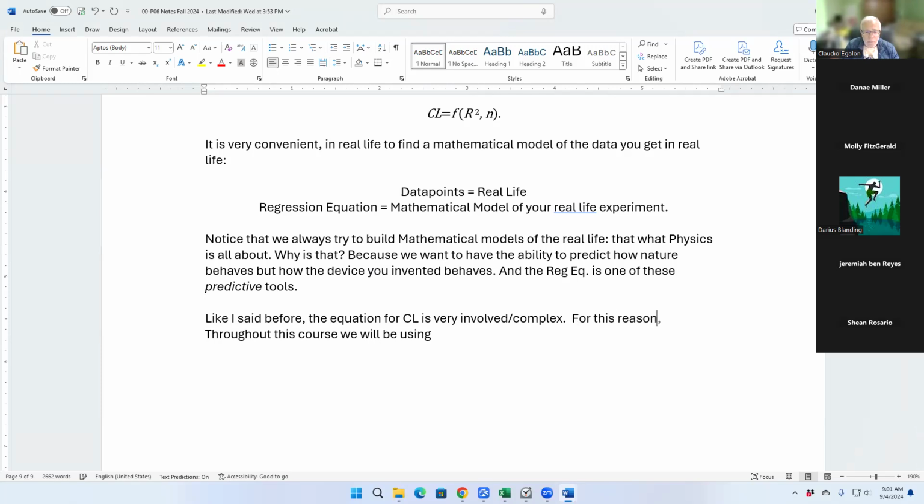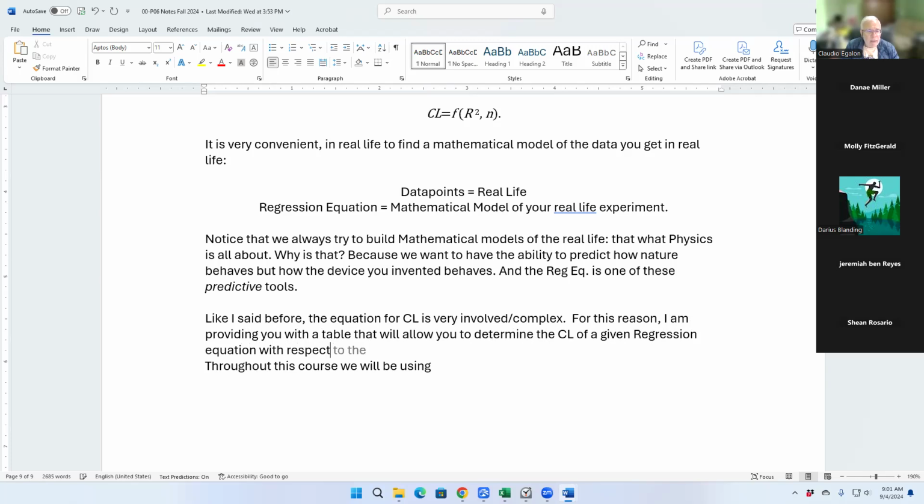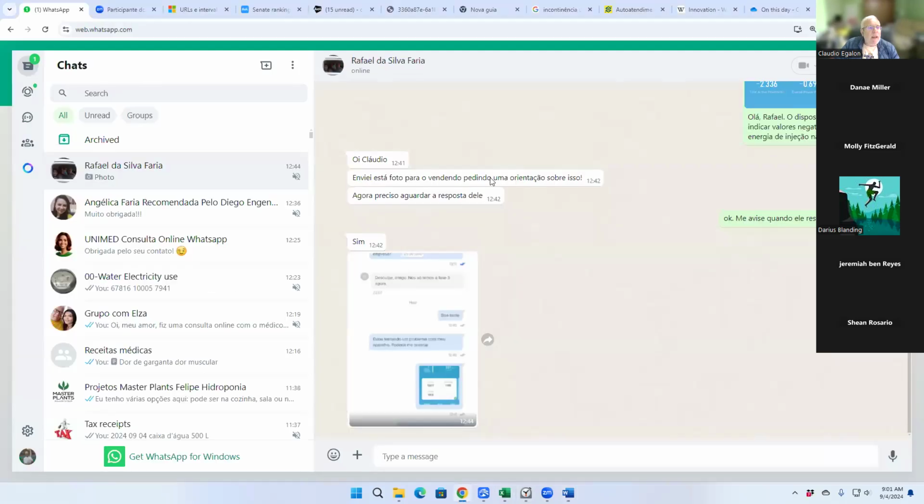For this reason, I'm providing you with a table that will allow you to determine the CL of a given regression equation with respect to the data points you collect in your experiments. And hopefully you already got that, right?